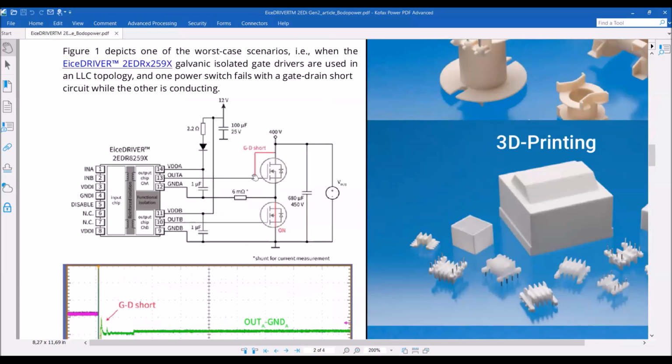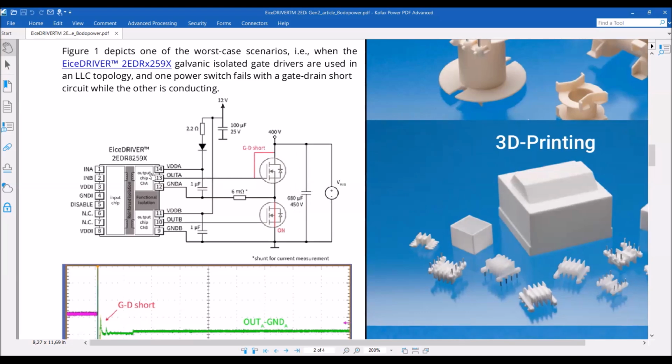It would mean that the DC link would be connected to the output of the gate driver, and the energy stored in this capacitor would flow into the output chip of the driver. So in this case, the voltage would be well above the limit of the driver itself, and therefore it could destroy this chip.